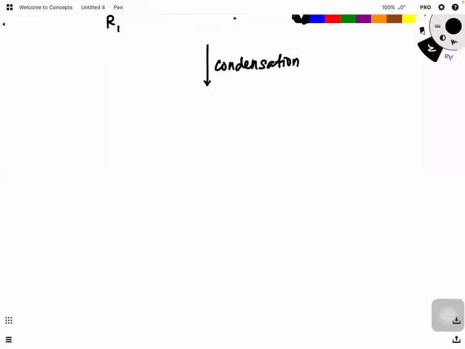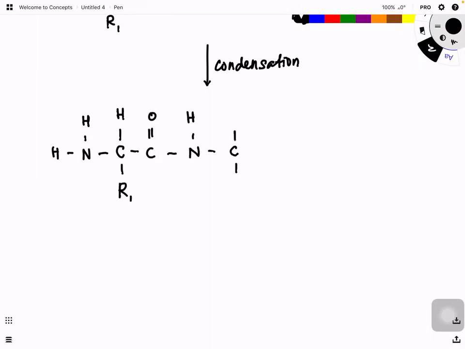Later you can draw it. So H and H2N, R group number 1, C double bond O, and NH, central carbon C with the H, R group number 2, COOH. Are you clear? And we release 1 molecule of water. So where is the peptide bond?